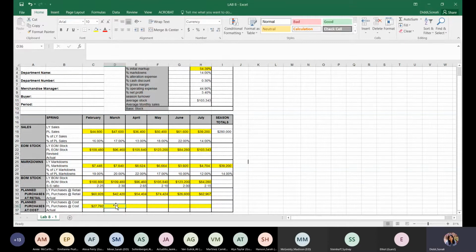So planned purchases at retail times 100% or 1 minus the markup percent. And purchases at retail.